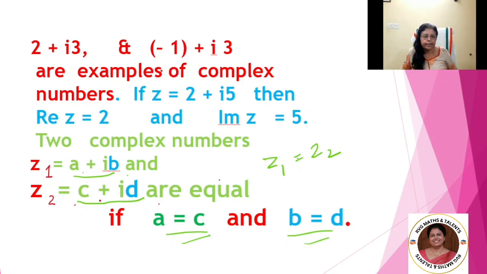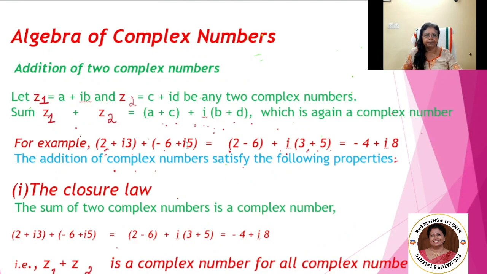That means if Z1 equal to Z2, then a should be equal to c and b equal to d. So there is a condition for equality of two complex numbers: their real parts should be equal and their imaginary parts should also be equal.